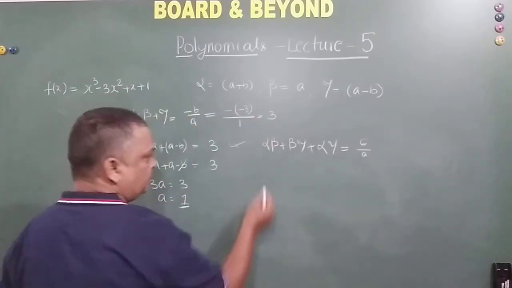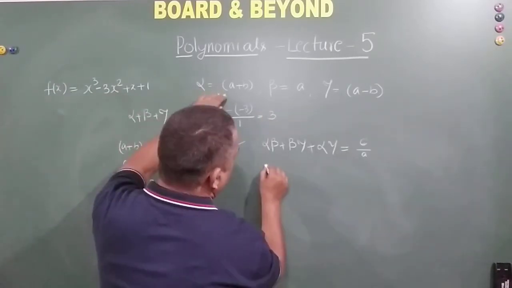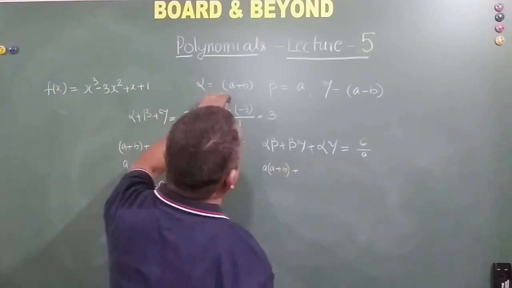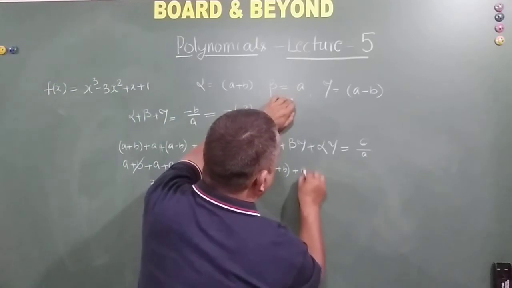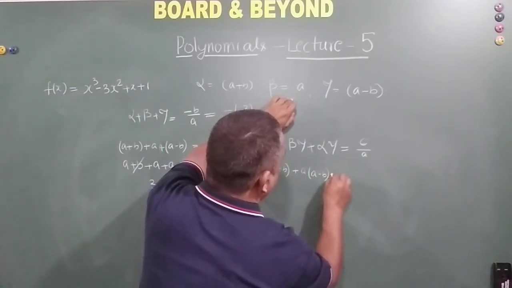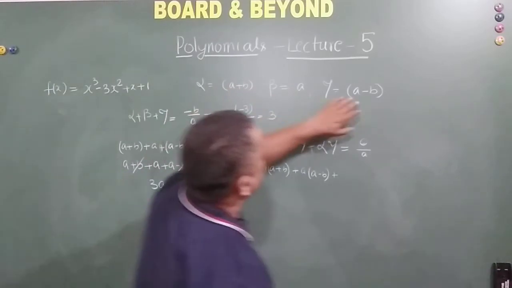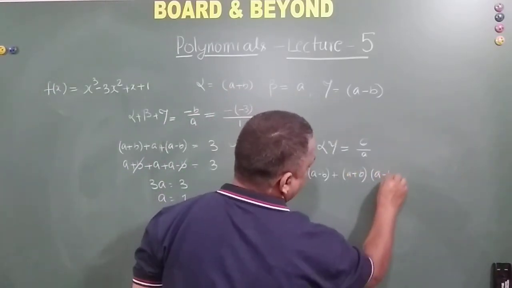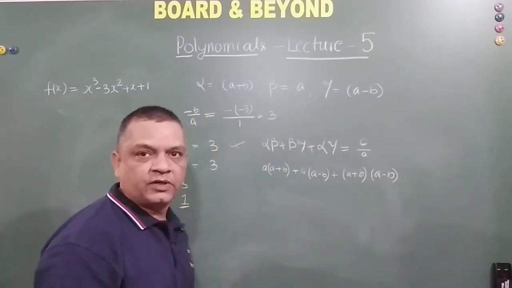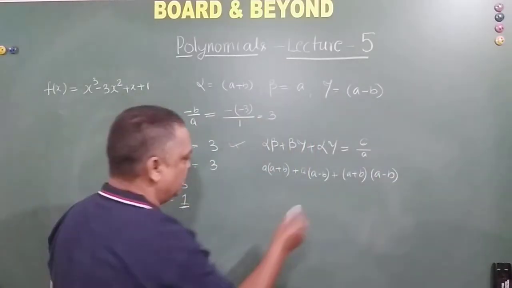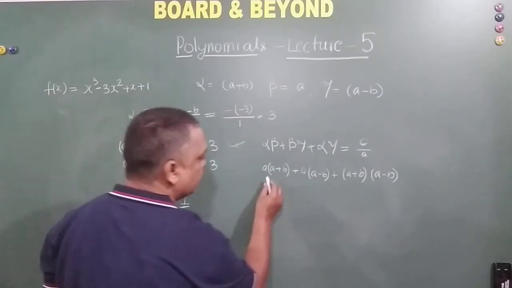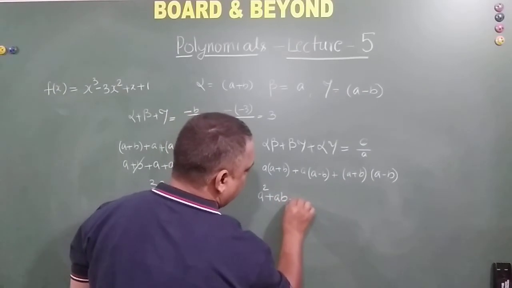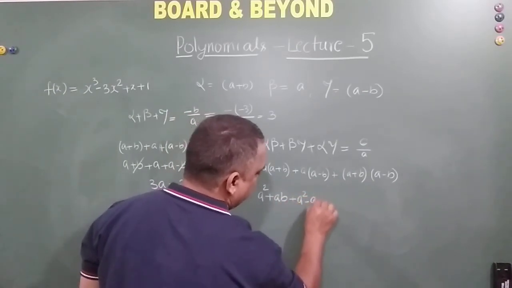Alpha beta, this into this, is equal to a into a plus b, plus beta gamma, this into this, that is a into a minus b, plus alpha gamma, this into this, is equal to a plus b into a minus b. I hope it is not very small. Next step onwards I will write a little bigger. So this leaves me with a square plus ab plus a square minus ab.